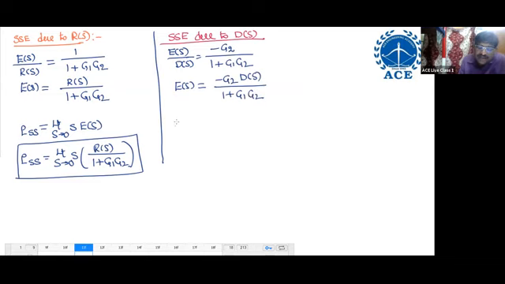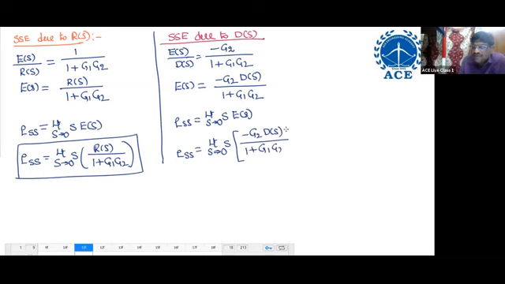So now what is the steady state error formula? ESS equal to limit S tends to 0, S into E of S. So ESS equal to limit S tends to 0, S into minus G2 D of S by 1 plus G1 G2.